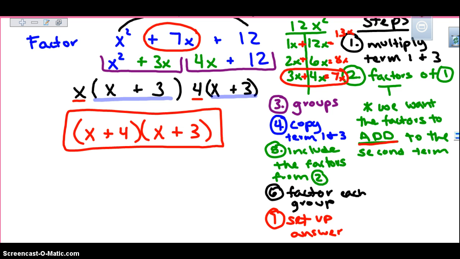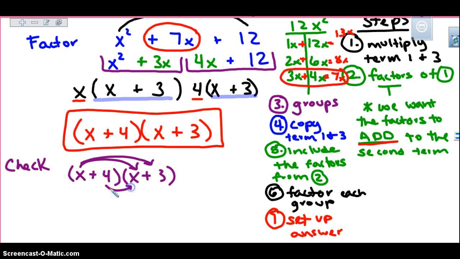Can I check my answer? How do I check my answer? Well, I can use the distributive property or the FOIL method and multiply this out. X times x is x squared, x times 3 is 3x, 4 times x is 4x, 4 times 3 is 12.